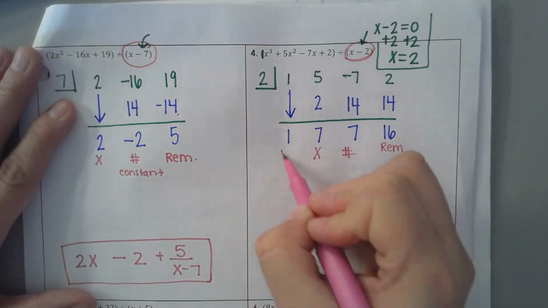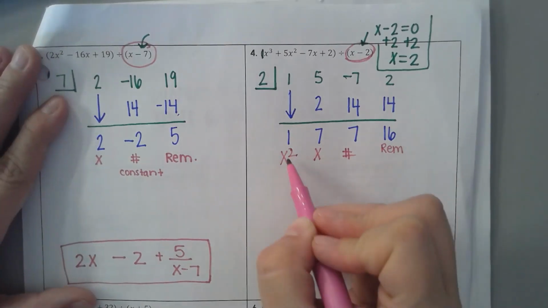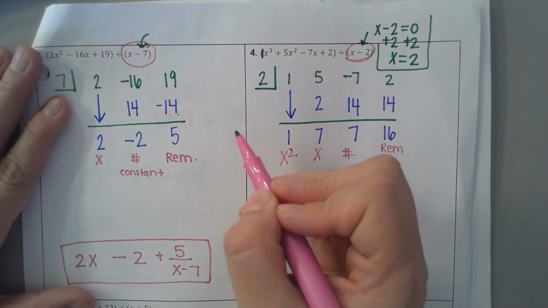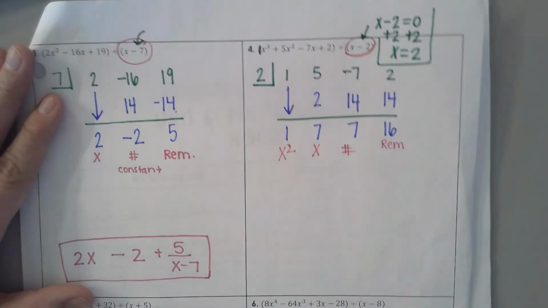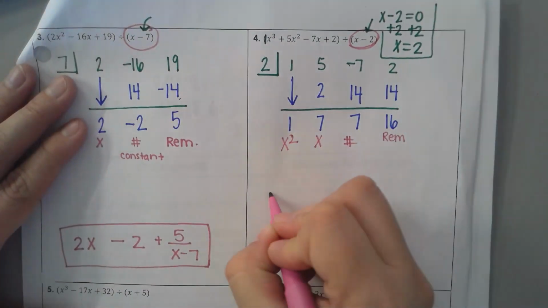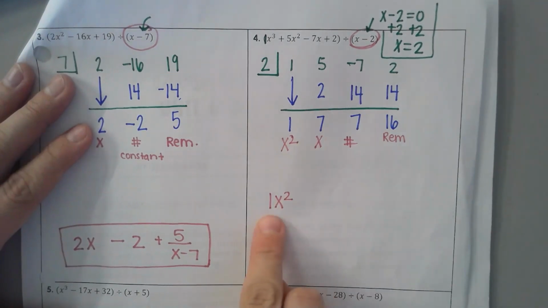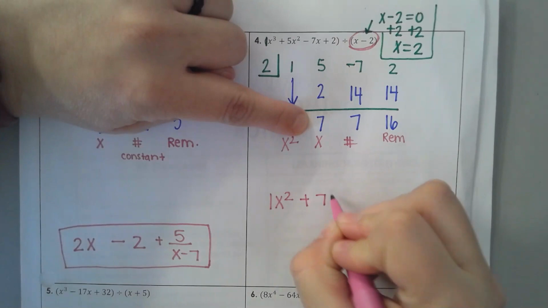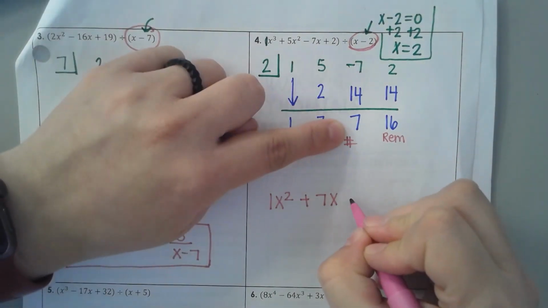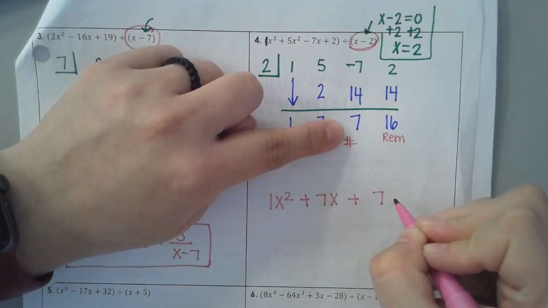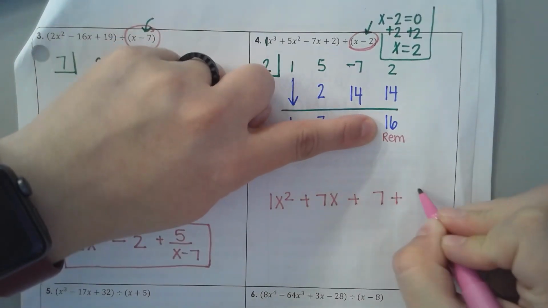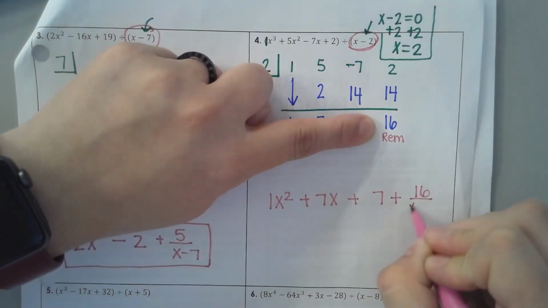The next one gets an x squared. If I had another number, it would be an x cubed, and then x to the 4th, x to the 5th. So it's 1x squared. You don't have to put the 1. Plus 7x plus 7. Just a plain number. And then my remainder is over x minus 2.